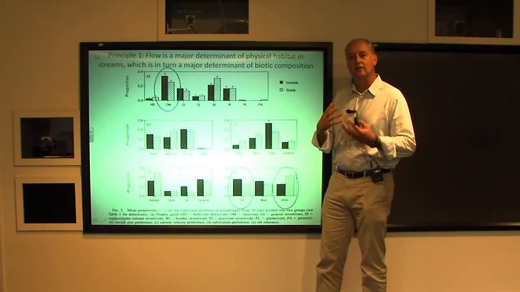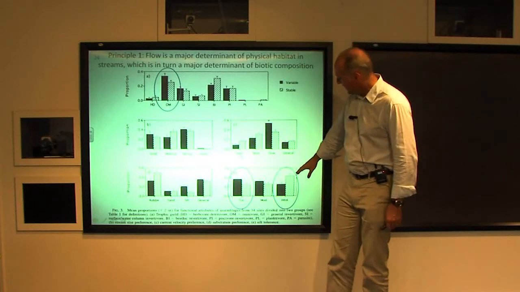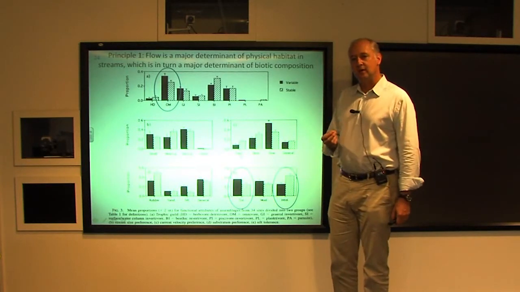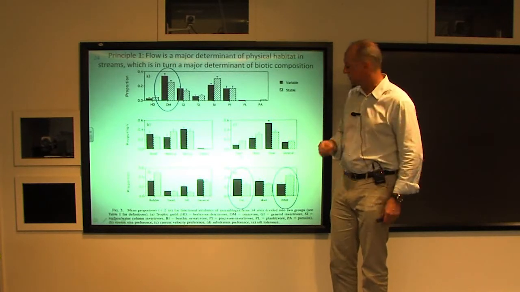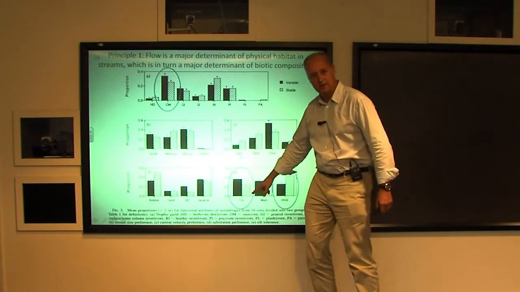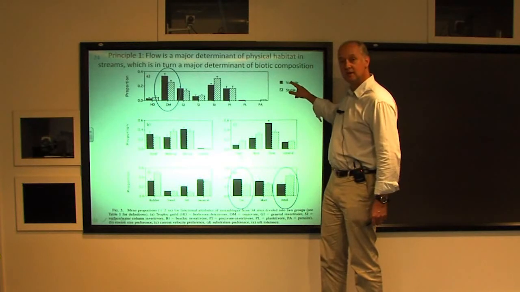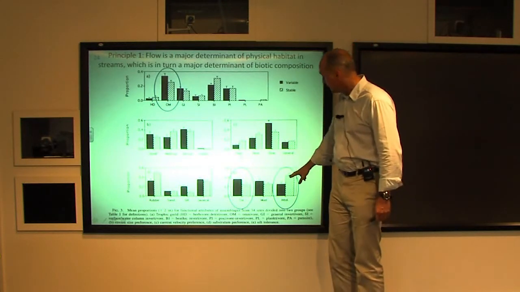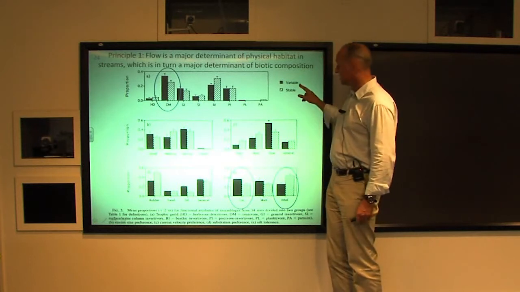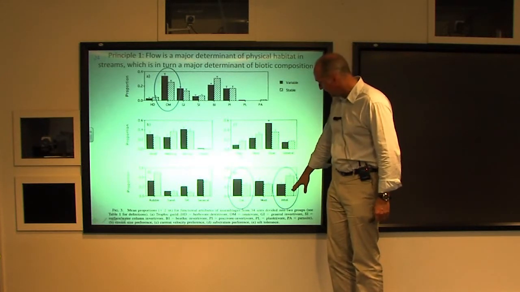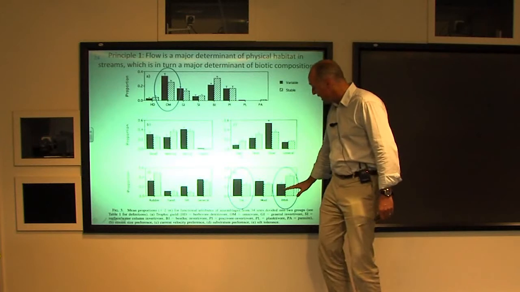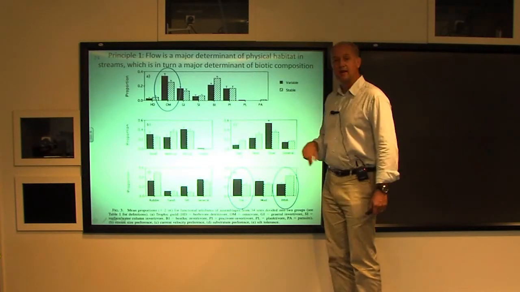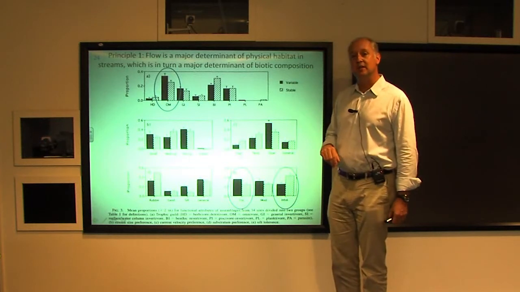And just note that there's an especially large abundance of organisms that are adapted to variable flow environments in that category of omnivore. Equally, here, this is a measure of the tolerance of the organisms to high sediment levels. And we see a higher tolerance among those fish species that live in variable flow environments, and a lower tolerance relative to the stable variety, a higher proportion of intolerant species that are found in those stable environments.